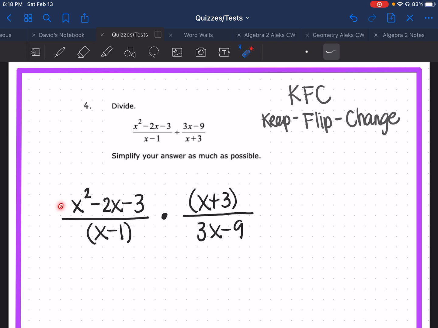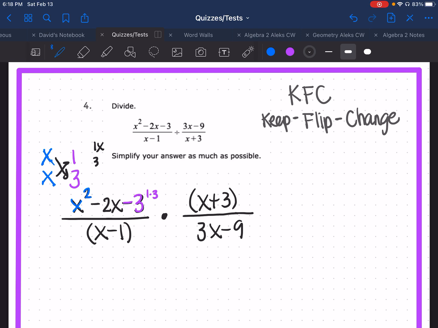All right, let's start right here. I'm going to go ahead and factor with my little factor trick. X, x and x. 3 is 1 times 3. X times 1 is 1x.